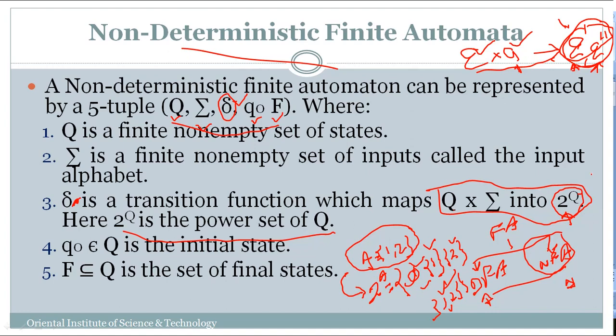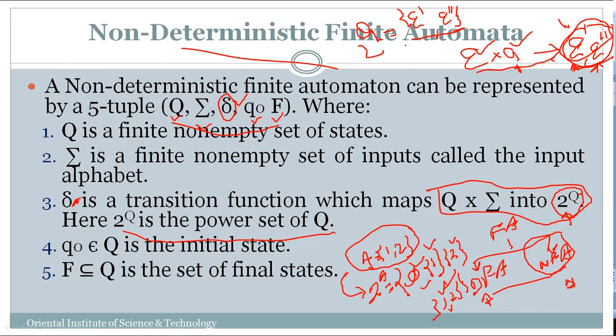So here, {q dash, q double dash} is nothing but a set, and undoubtedly it is an element of 2 to the power Q, because q dash is an element of Q and q double dash is again an element of Q. That's why it will be a subset of Q and definitely included in the power set.